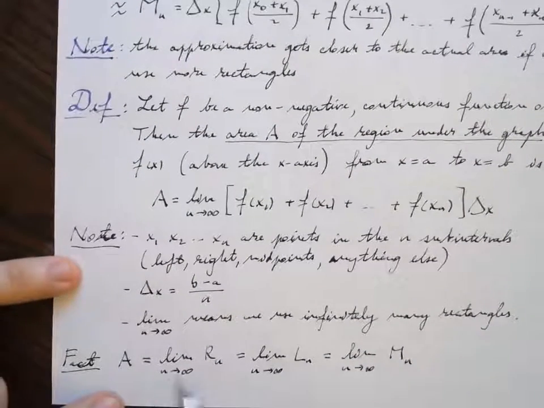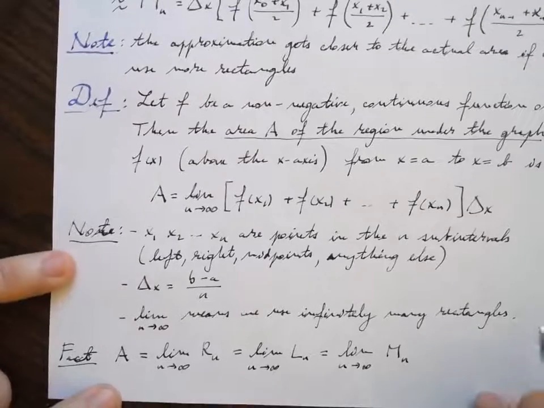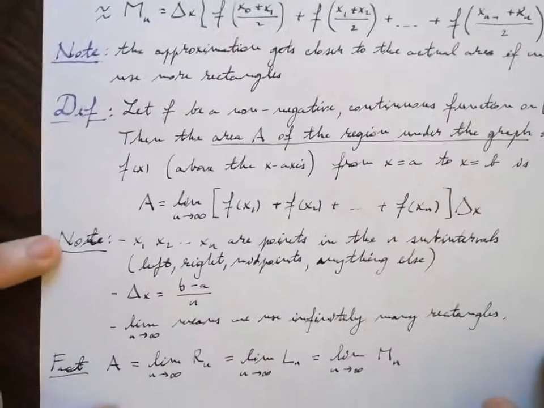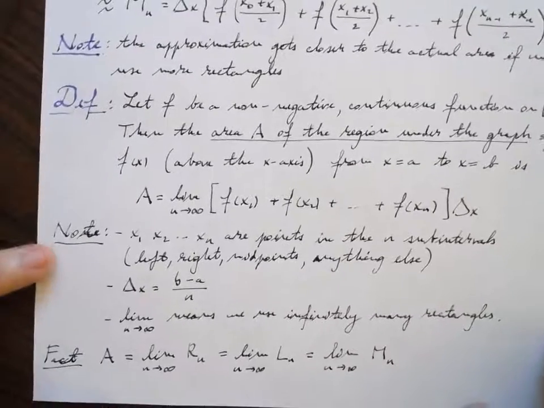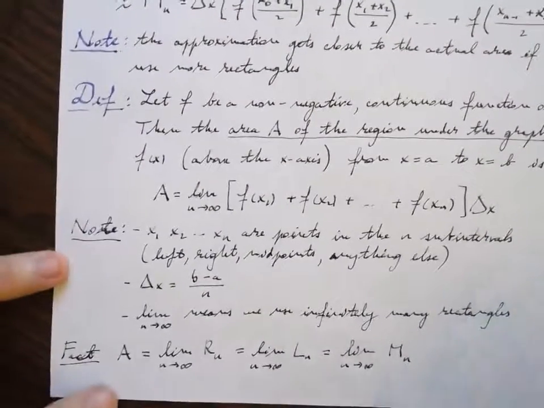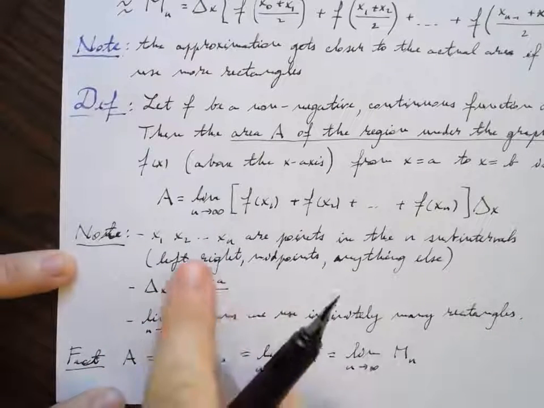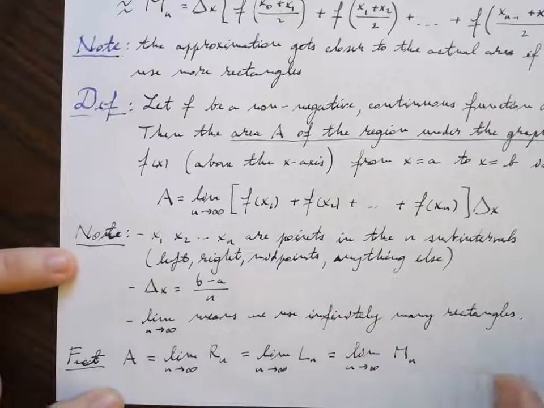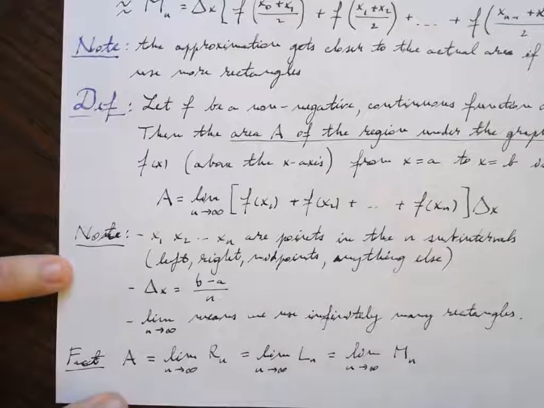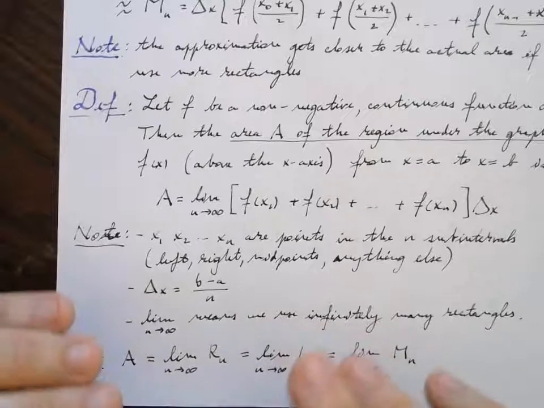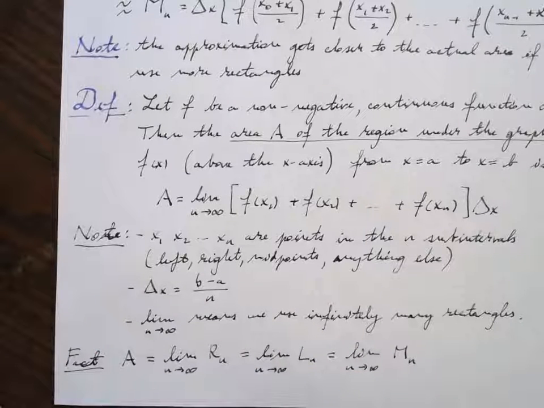So it doesn't matter which one you use, you're going to get the same answer for some functions which we call integrable, as we'll see in a second. So it's not true for every function, right? But for those functions where this limit exists, it doesn't matter which point we pick from each rectangle. We can pick the left from the first, the right from the second, midpoint from the third. This limit will still give you the same answer.